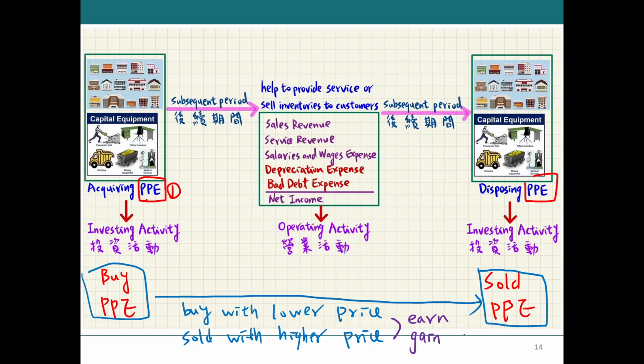To earn your profit, right? Earn the price gap. Okay, so don't forget, when I do the investing activities, not only buy it, also include sell it. Okay, any questions?